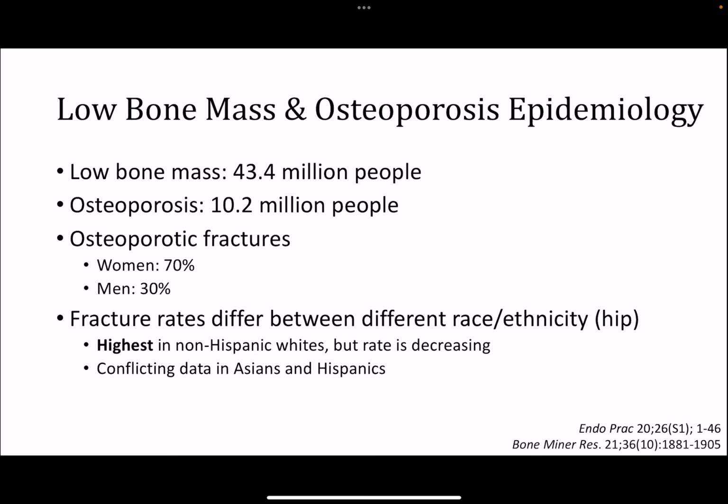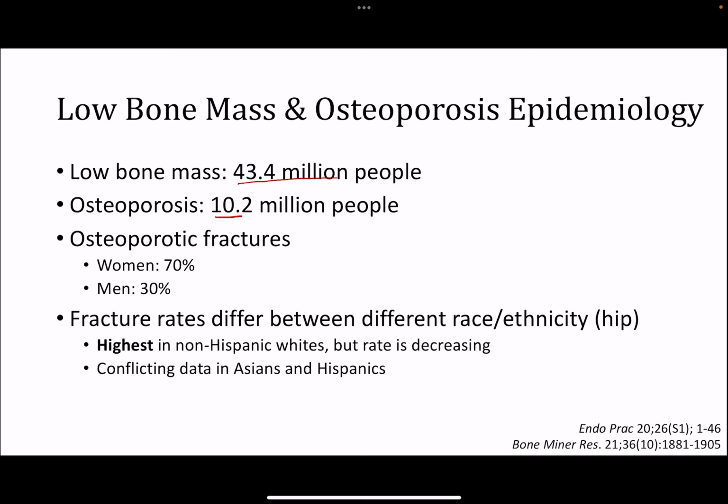The reason why it is important is because osteoporosis should be prevented. 43.4 million people already have low bone mass, and if that's not taken care of, they're going to have osteoporosis.